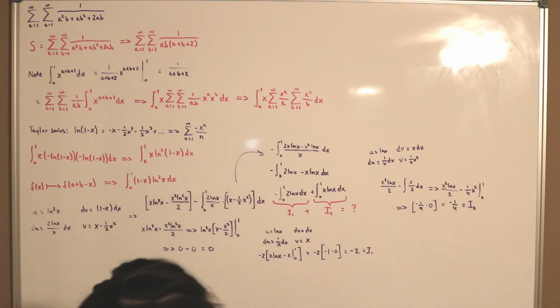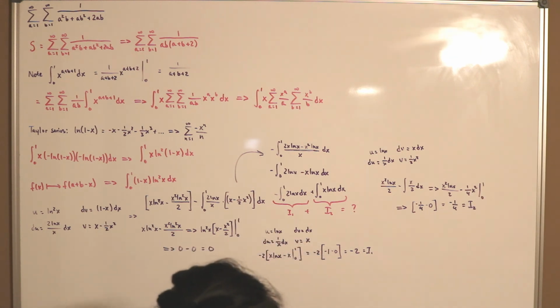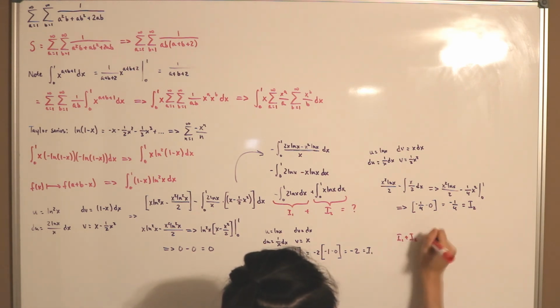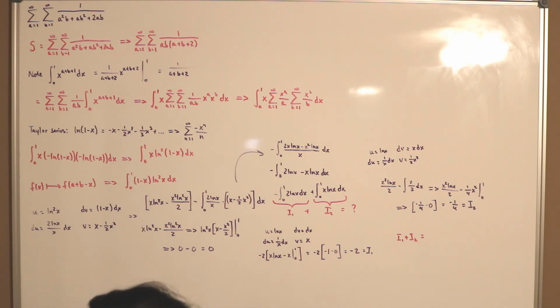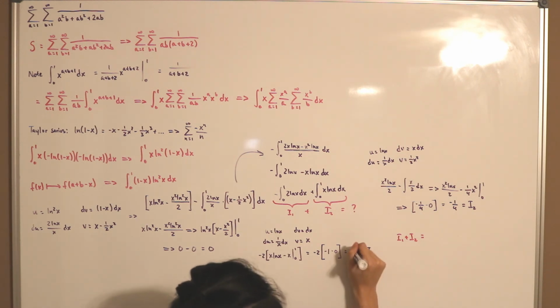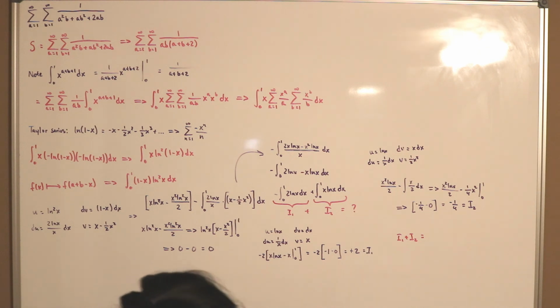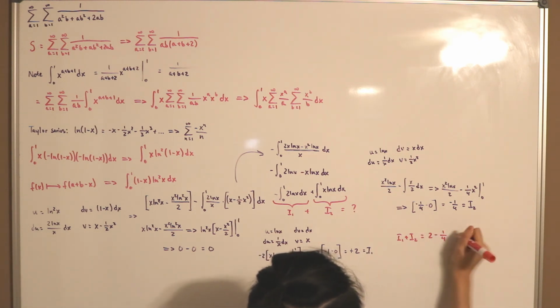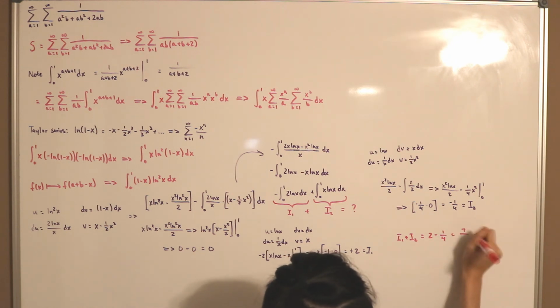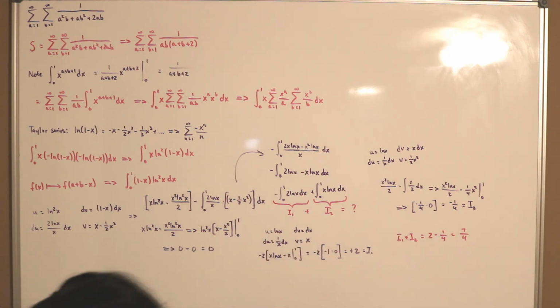So now we can just calculate I sub 1 plus I sub 2, which is equal to, this is actually supposed to be a positive right here. That's positive. So this is 2 minus 1/4, which is equal to 7/4. So there we have it.